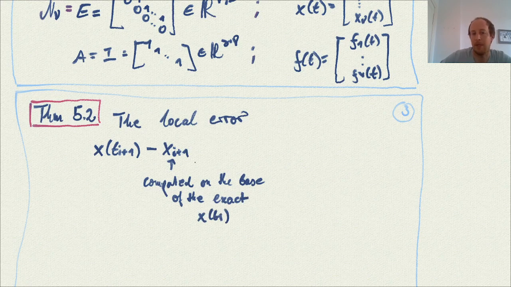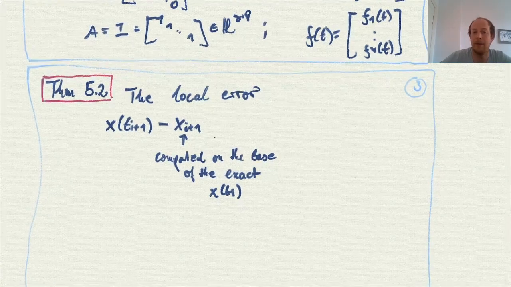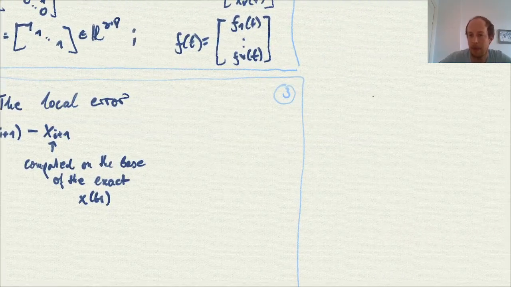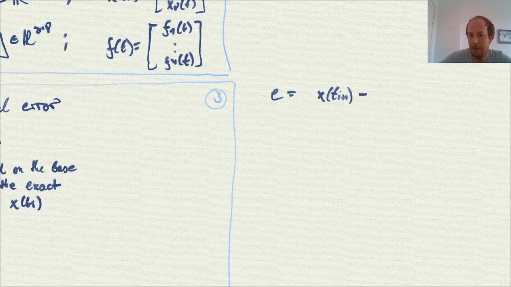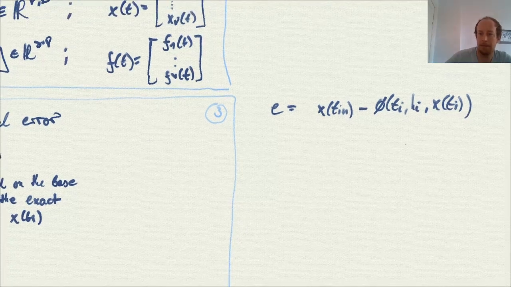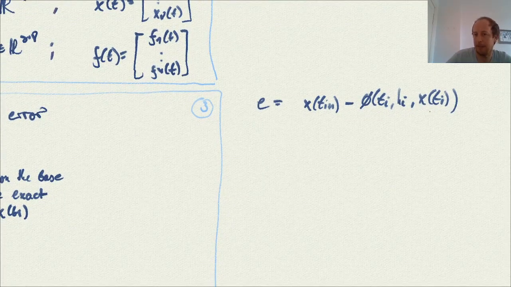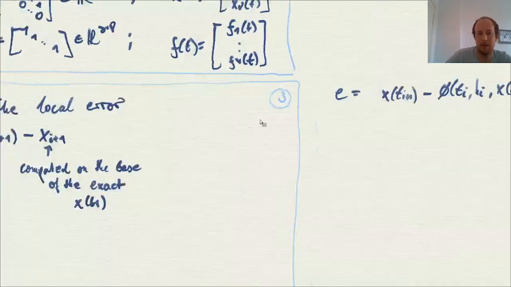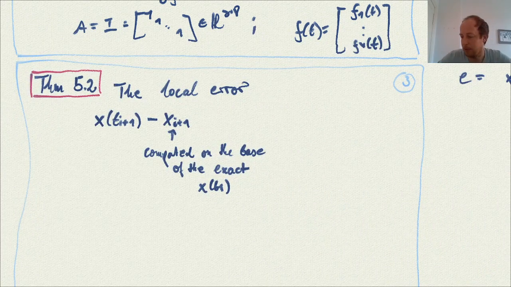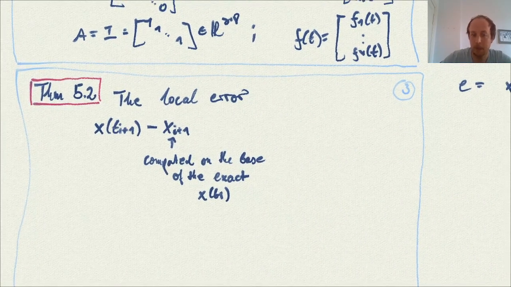This is the local error, like we had this consistency error. If you maybe recall the consistency error for ODEs, this was defined as x of t_{i+1} minus the function Phi of t_i, h_i and x of t_i. So this is like applying the function but with the correct data. This gives us the consistency error as we had, and so I just want to put this here in this form.